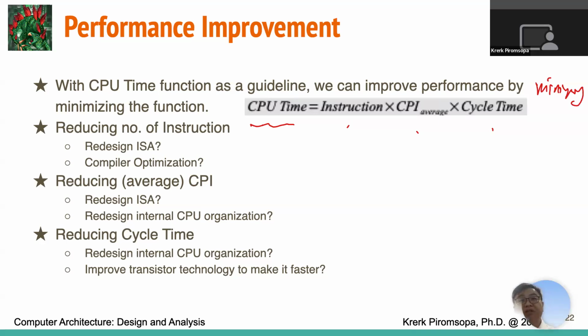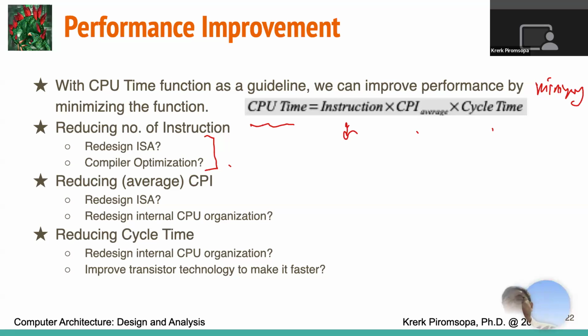How to minimize this function? What would make the number of instructions smaller? You have to redesign the instruction set, maybe, but most of the time you cannot do that.